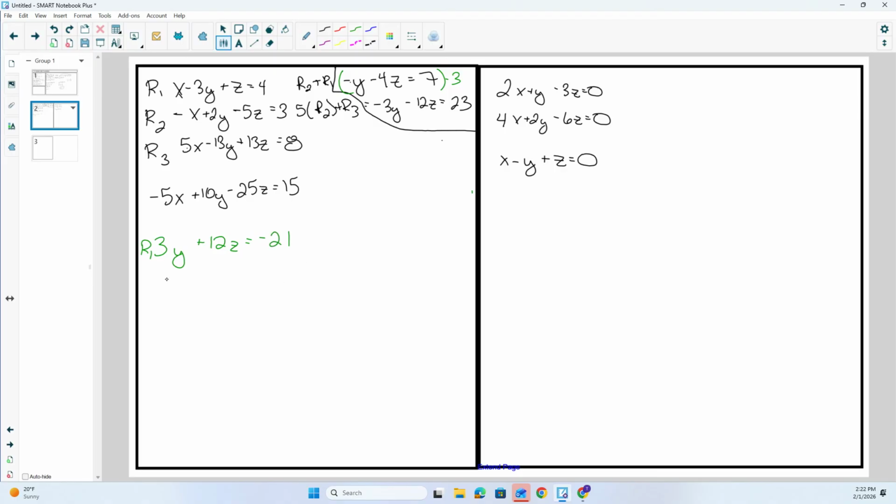And we're going to add it to negative 3y minus 12z equals 23. Now we're going to add those. Cancel, leaves this with 0 is equal to 2. Well, that doesn't work. So there are no solutions.